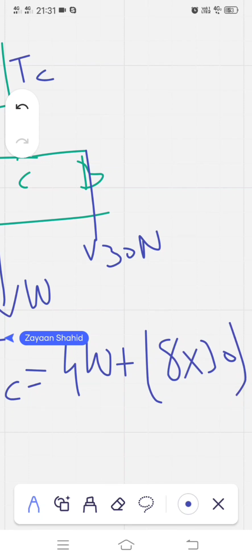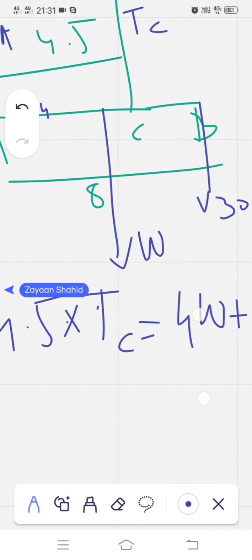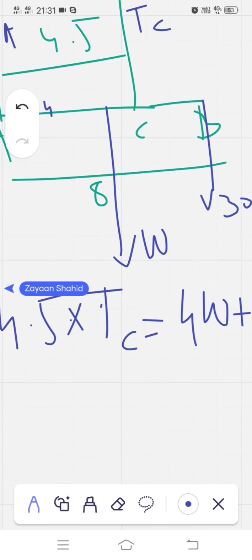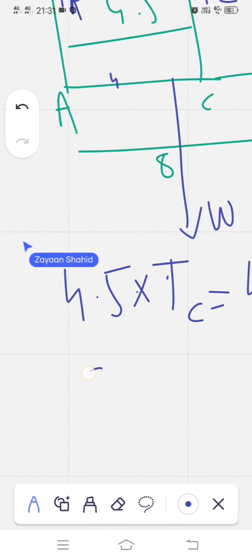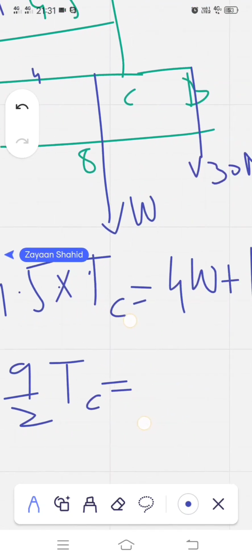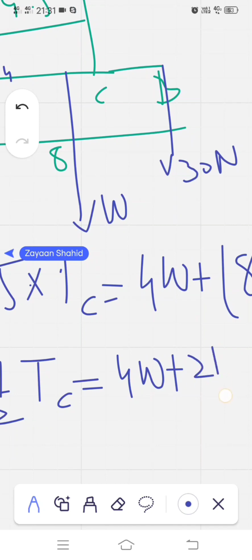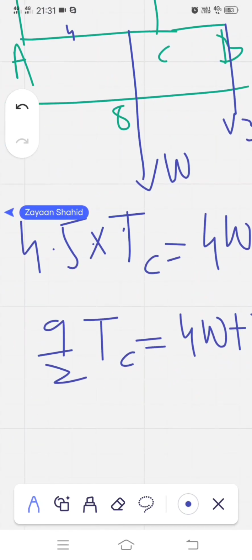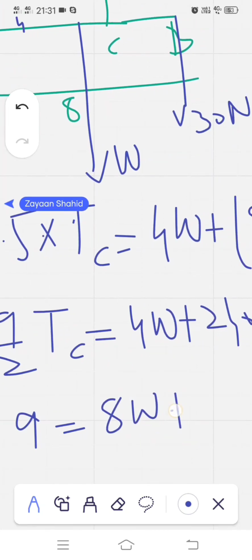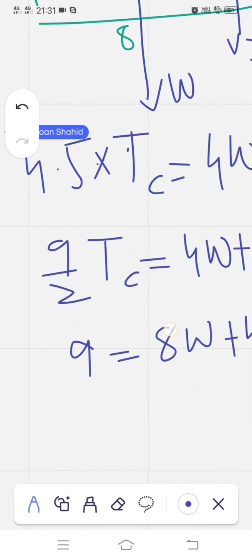For TC, we can write 4.5 as 9 over 2. So 9 TC is equal to 8W plus 240, multiplying by 2 on both sides.